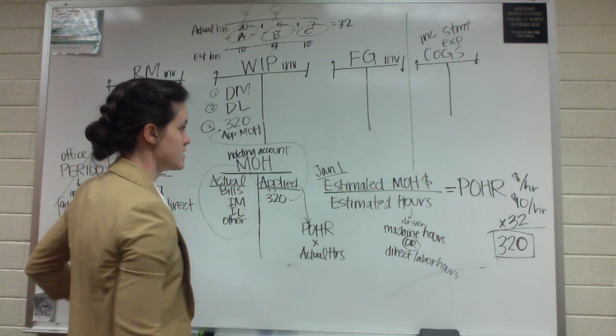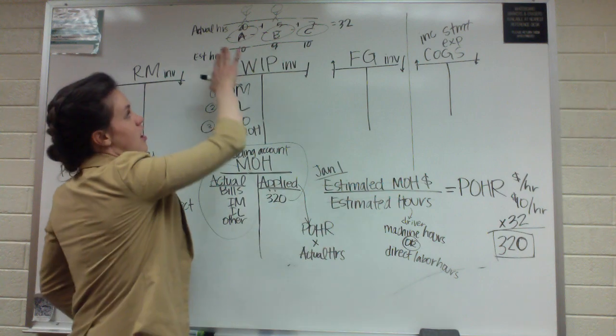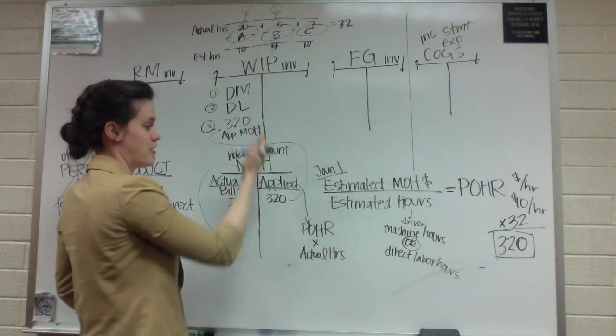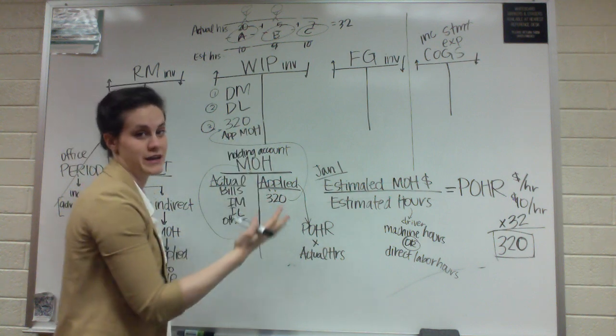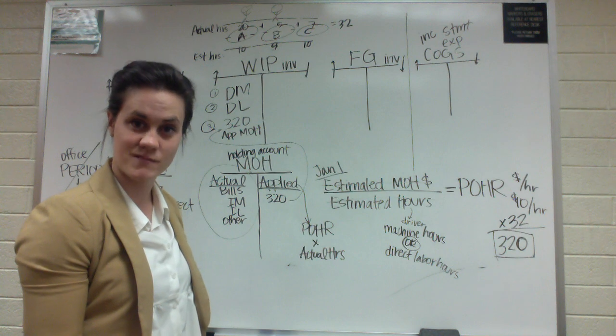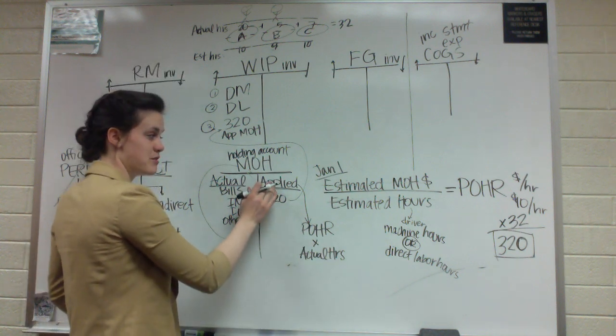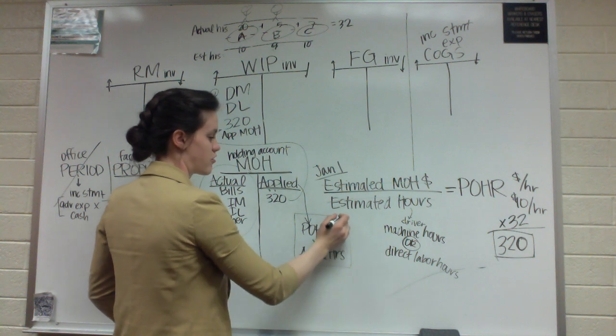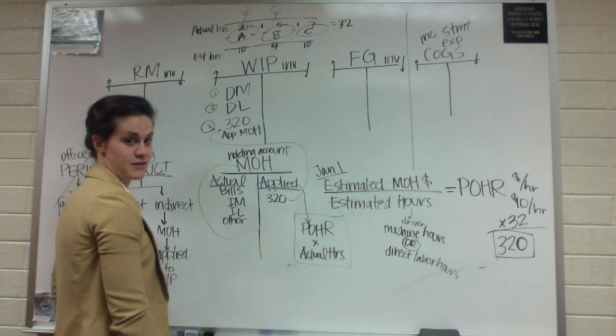Okay? So what we're saying is all three of these cars that are on the belt right now have been allocated or applied $320 of what we think our total manufacturing costs will be. Okay? So you have to remember the apply is this formula, and it goes as a credit into manufacturing overhead.